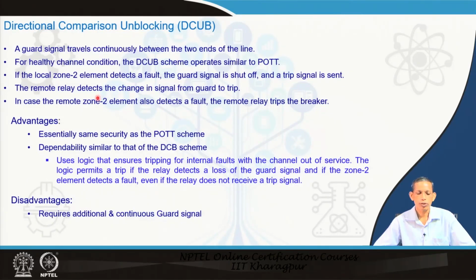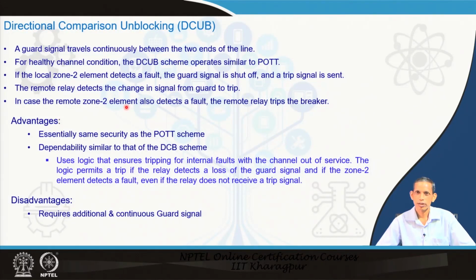The remote relay detects, from the information coming from the remote side, the change from guard to trip. In case the remote zone 2 also finds the fault, as in POTT, it makes a decision towards trip.